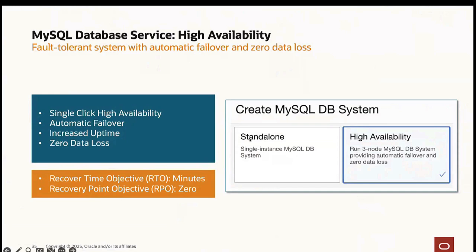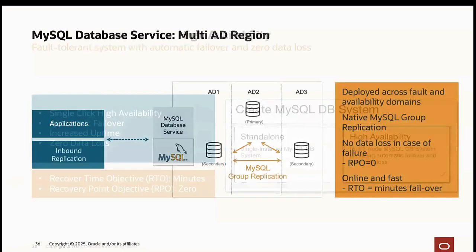So for MySQL database systems, you have two ways to provision it: standalone, single MySQL database instance, and then the high availability, which is going to be a three-node MySQL database system cluster. And so some of the advantages with the high availability is going to be RTO of minutes, RPO of 0.